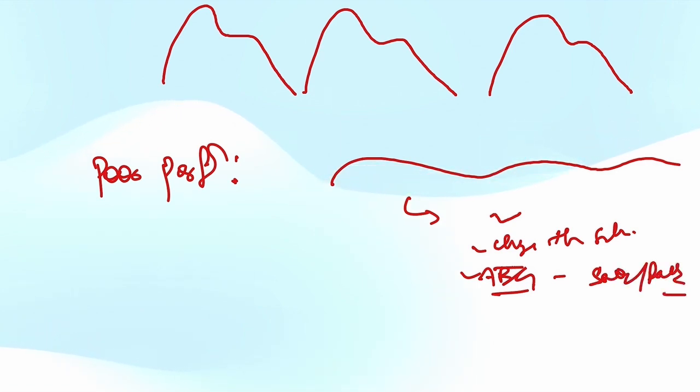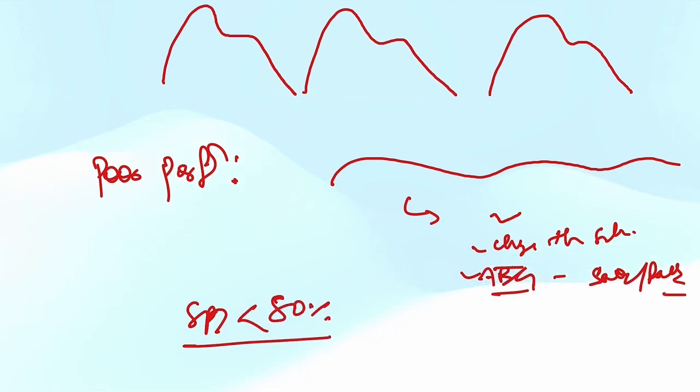This signifies poor perfusion, and you need to replace the probe on a warm or normal temperature finger, or change the site, or you can go for an ABG, arterial blood gas, to estimate SaO2 and PaO2 for further decision making, right?